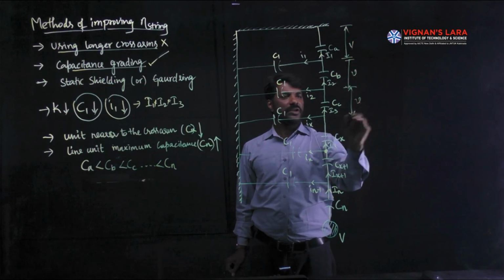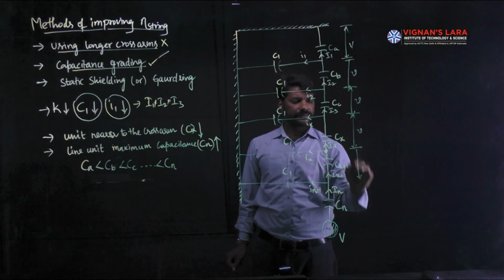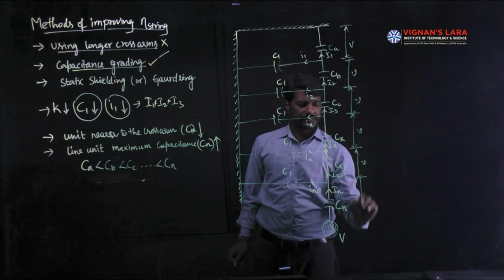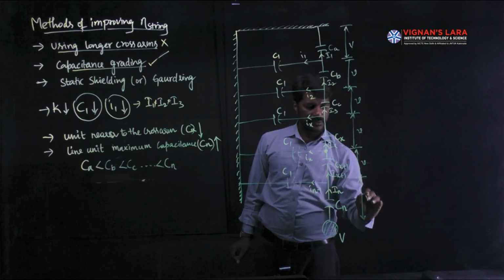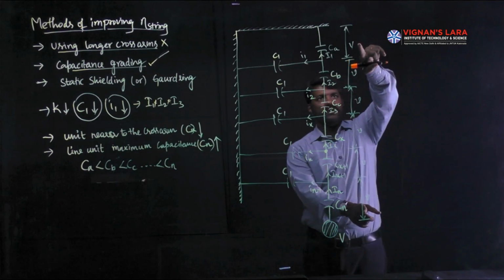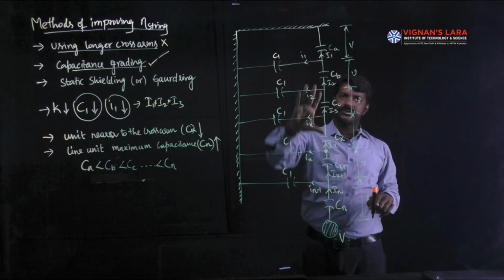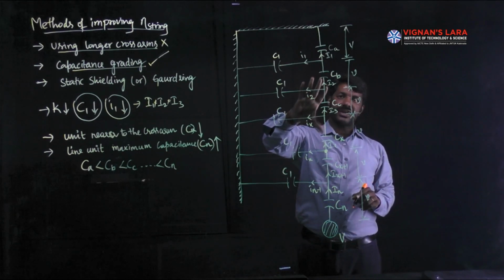For this reason only we have graded the capacitance of each unit like this. So there are totally V plus V plus V, like that n terms. Therefore NV is the string voltage.